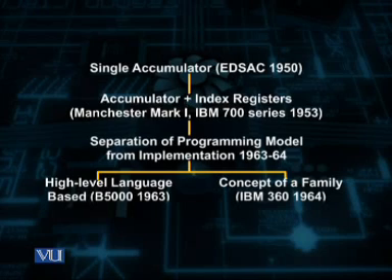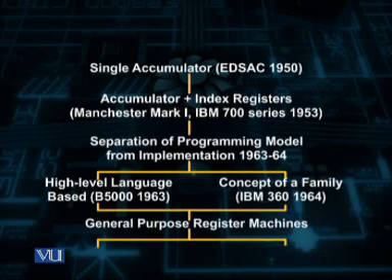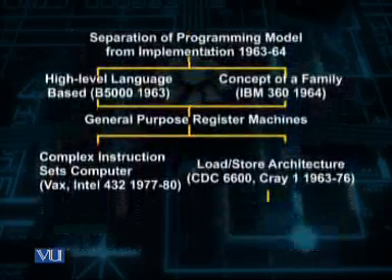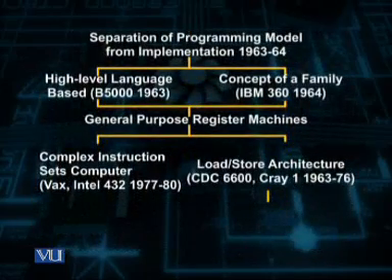Both these concepts were based on the general purpose register machine, which is further subdivided into two types known as the complex instruction set computer, or the CISC architecture, and it was introduced in the VAX machine, in the Intel 432 machine during the time of 1977 to 80.